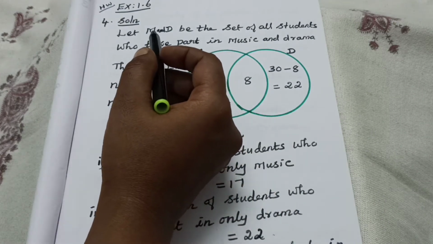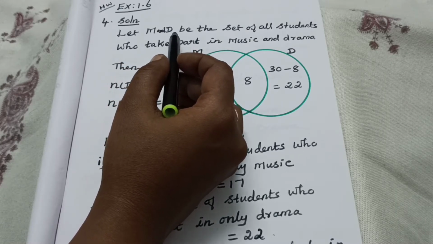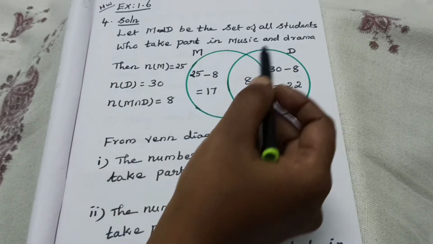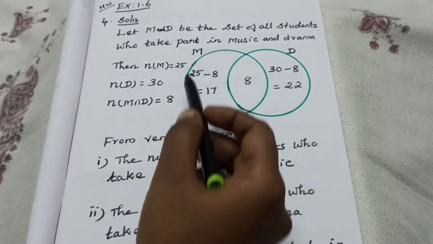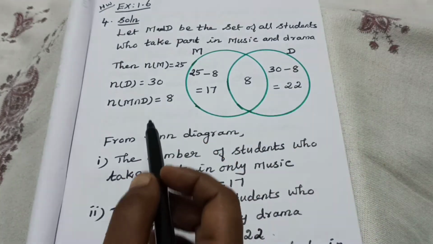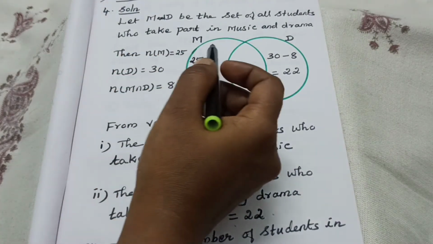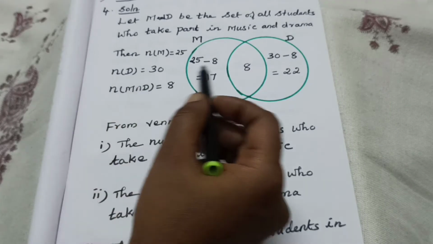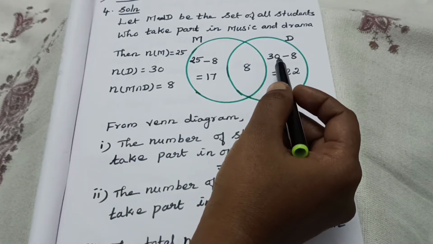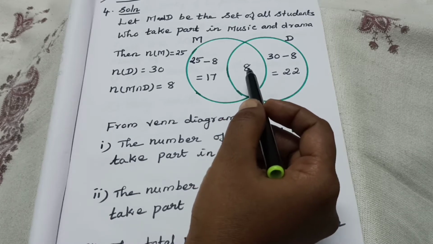Here music, capital M, and drama, capital D, you should take as two sets. n of M is given, 25. n of D is also given, that is 30. Both common is also given, 8.